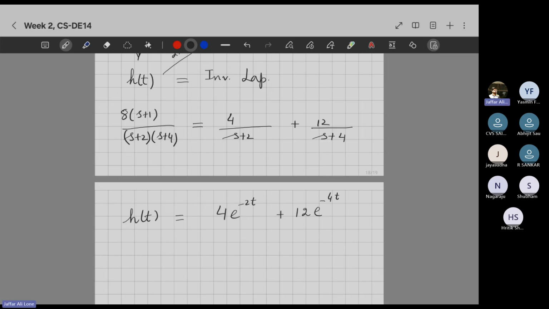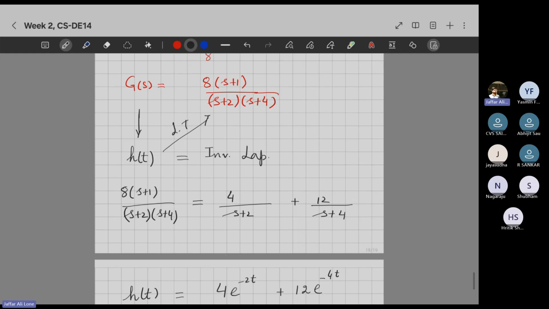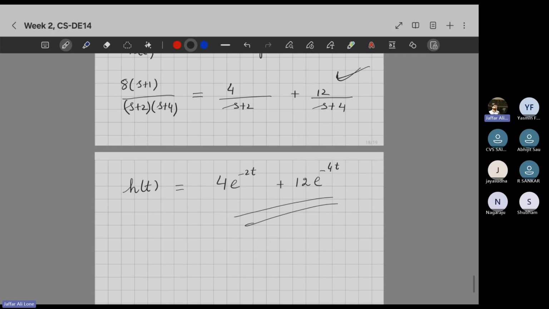Okay, so that's the answer. That's the impulse response. I have not given the questions or mentioned the options, so you just solve this at your home. Maybe there is some mistake because I directly wrote the partial fractions, so write this partial fraction in detail and then take the inverse Laplace.